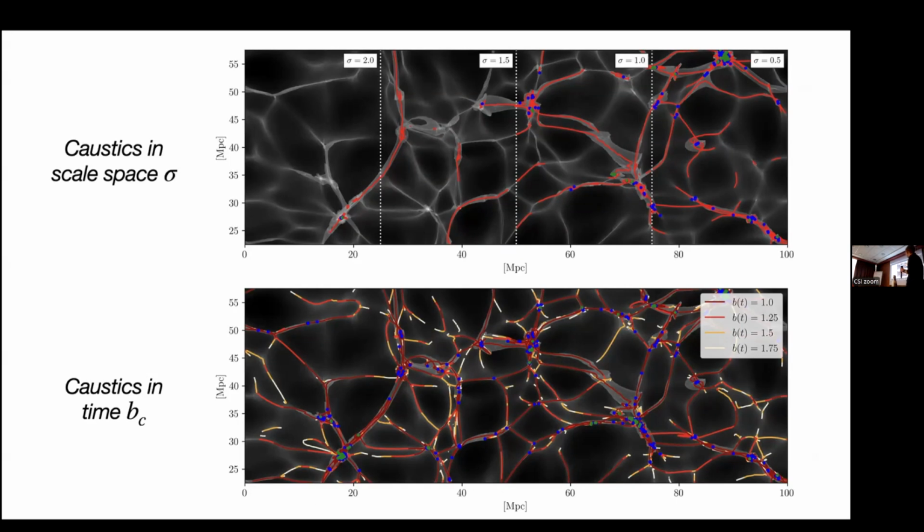So this plot is really convincing us that this caustic skeleton formalism is something very fundamental. The caustics are pivotal in understanding large-scale structure. And what is very surprising is that we are calculating the caustics in the Zeldovich approximation, and yet they are so good, so much better than we had originally anticipated.